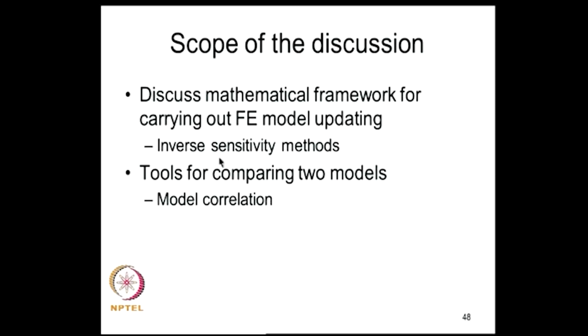We will specifically discuss what is known as inverse sensitivity methods, and then what are the tools for comparing two models. Suppose you have one experimental model and another mathematical model, how do we compare the two models? That takes us into a discussion on model correlation, and some of the metrics used for this we will discuss. So, these two topics we will try to cover in the following lectures. At this stage we will close this lecture.